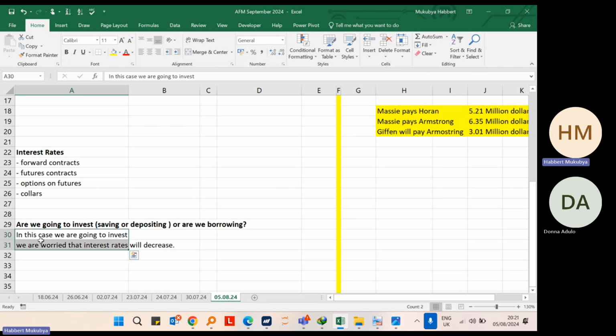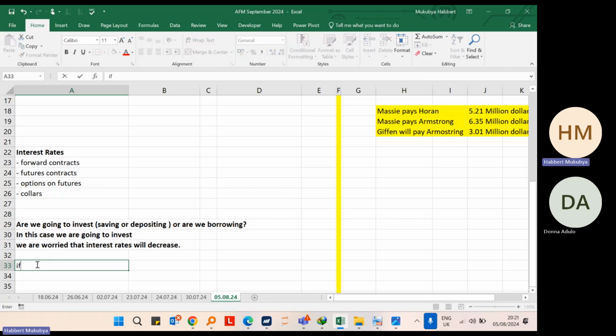These are important things to come up with when you are doing a question on interest rates, so that you know whether you are going to worry about a fall or an increase. And if you are depositing, you buy call options.